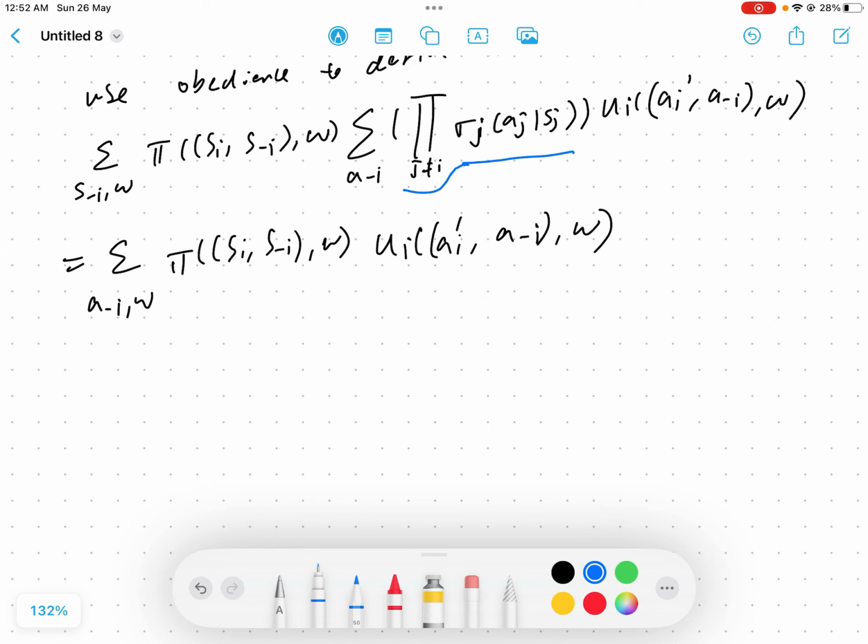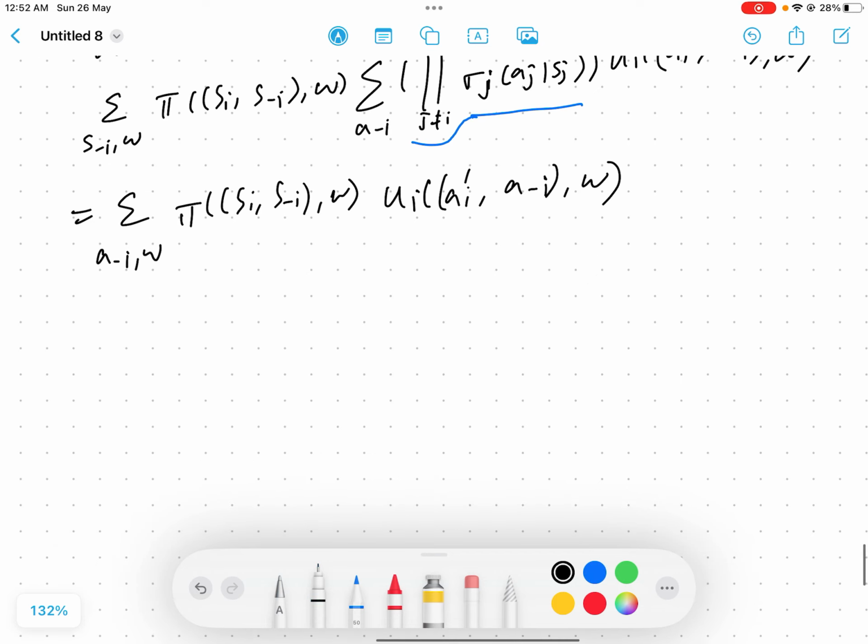After that, we can sum those all over the s's, and then what we get is the result here as follows.